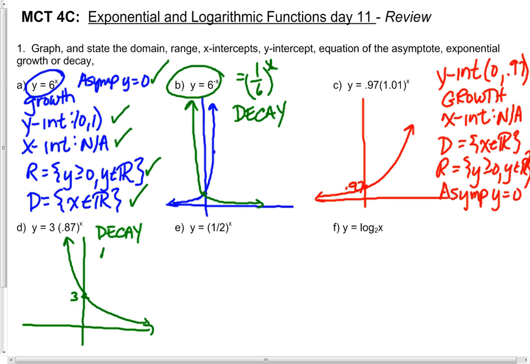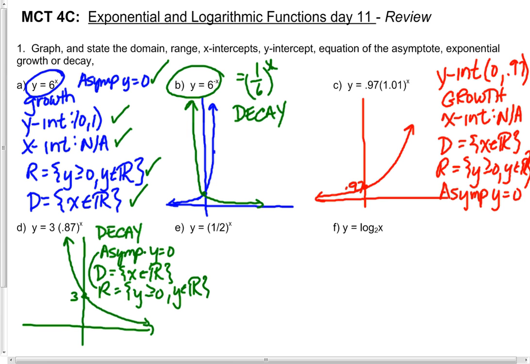The asymptote will still be y equals 0. The domain will still be all real numbers. The range greater than or equal to 0. Those two things are related, the asymptote and the range. What else are we asked for? The y-intercept is 3. X-intercepts there aren't.